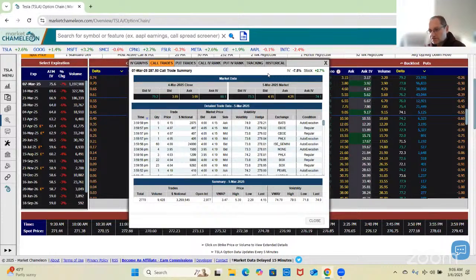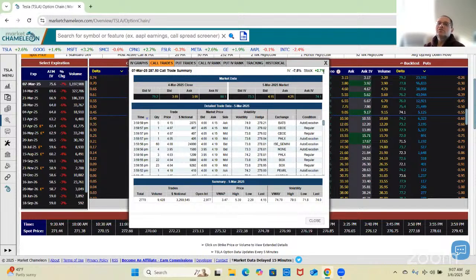But also implied volatility plays a role, and that's the time premium, the component where traders are pricing in the forward-looking volatility. So here on a relative basis, we see that the implied volatility is down 7.5%.